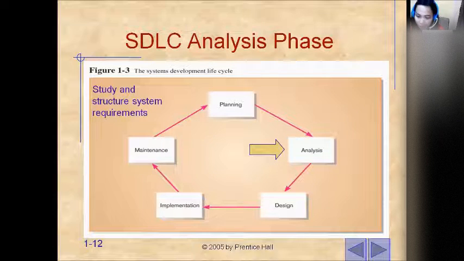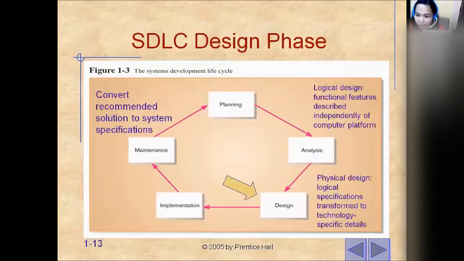Okay, next, design. When we discuss design, we're not discussing only the GUI, or graphical user interface, but the logical and physical design of the system. Meaning, convert recommended solutions to system specifications.